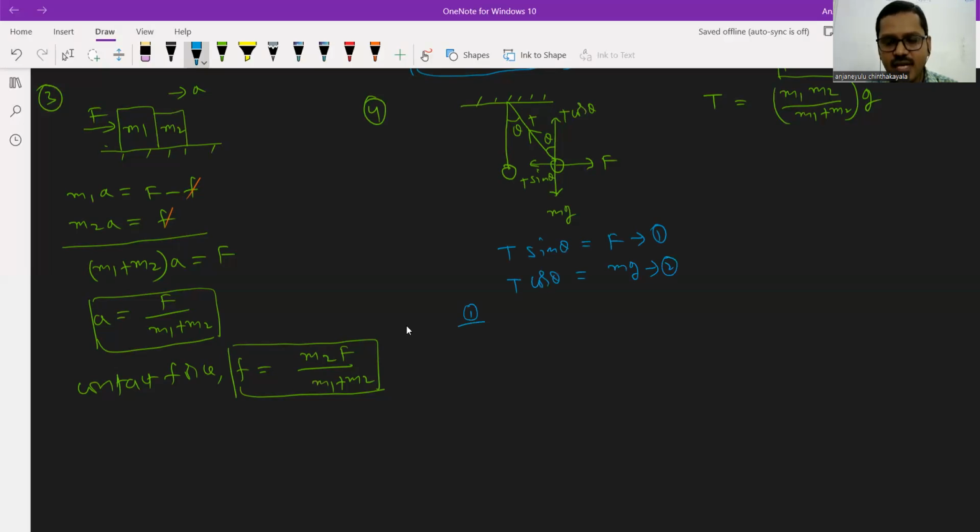This is equation 2. Taking the ratio of these two, T sin theta divided by T cos theta is equal to F divided by mg. We know sin by cos is tan theta, so tan theta is equal to F by mg. Cross multiplying, the force F is equal to mg tan theta acting on the bob.